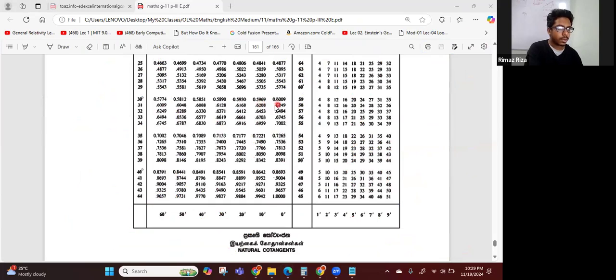Here 0.6 is 30 degrees, then 10 minutes, and for another 31 needed, the 31 is H, so we add it.